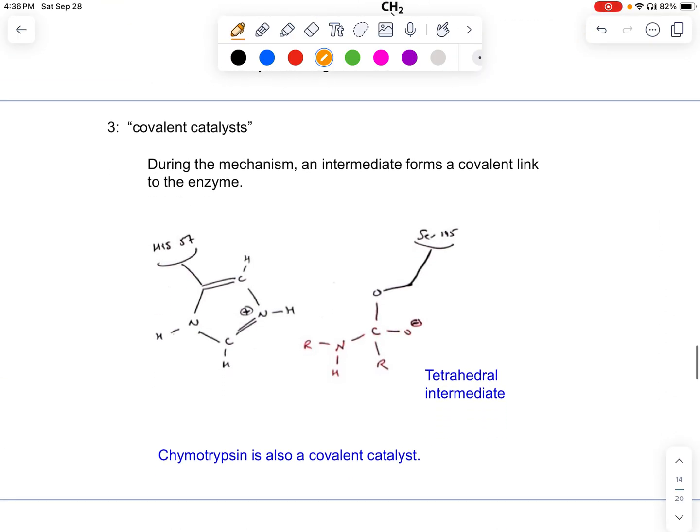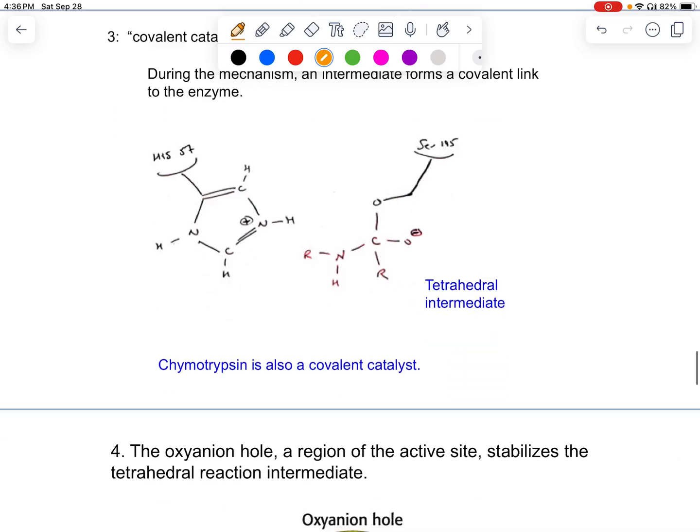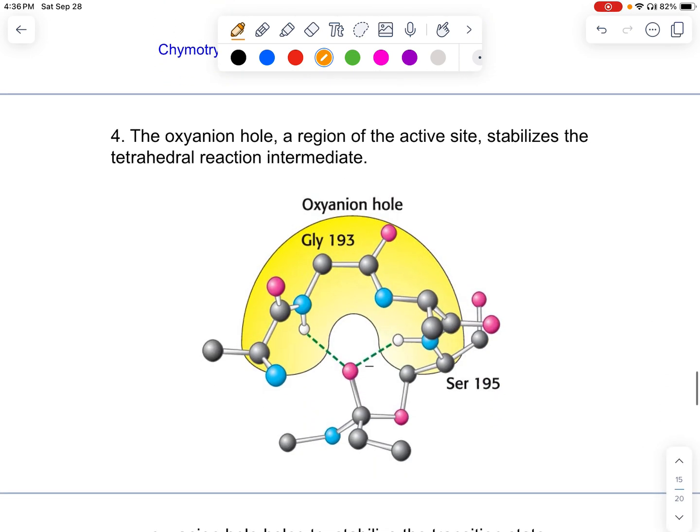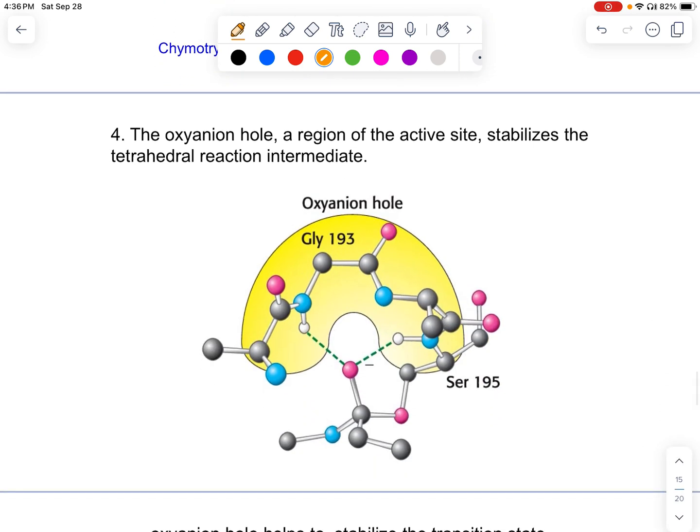We see an example of covalent catalysis. We saw new covalent bonds made and broken apart. That oxyanion hole was a stabilizing feature. And so it's important to remember that we want to stabilize those transition states to make their energy lower so that it's easier for the molecules to make it over that energy barrier.